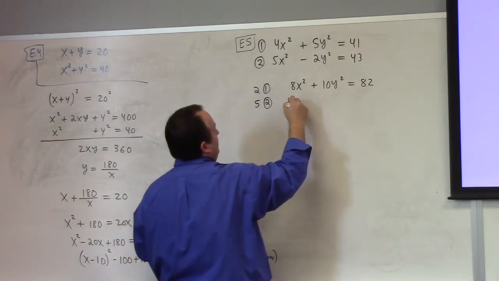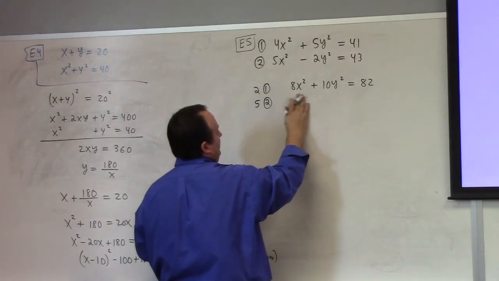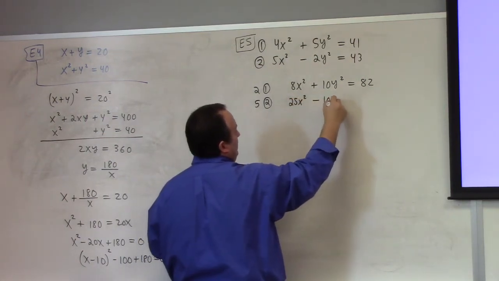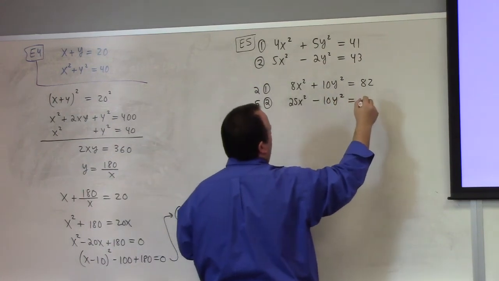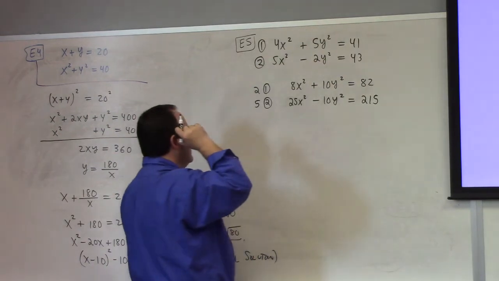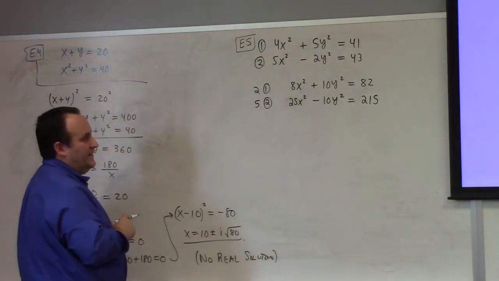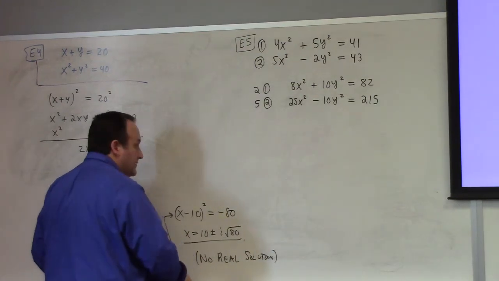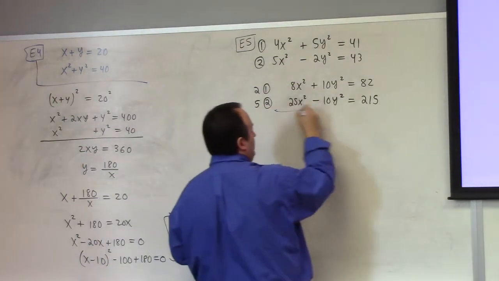And 10x squared, 5 times 5 is what? 25. 25x squared minus 10y squared equals 5 times 43, 215, right? I think. And then we can add these, right? And in so doing, y squared is no more.